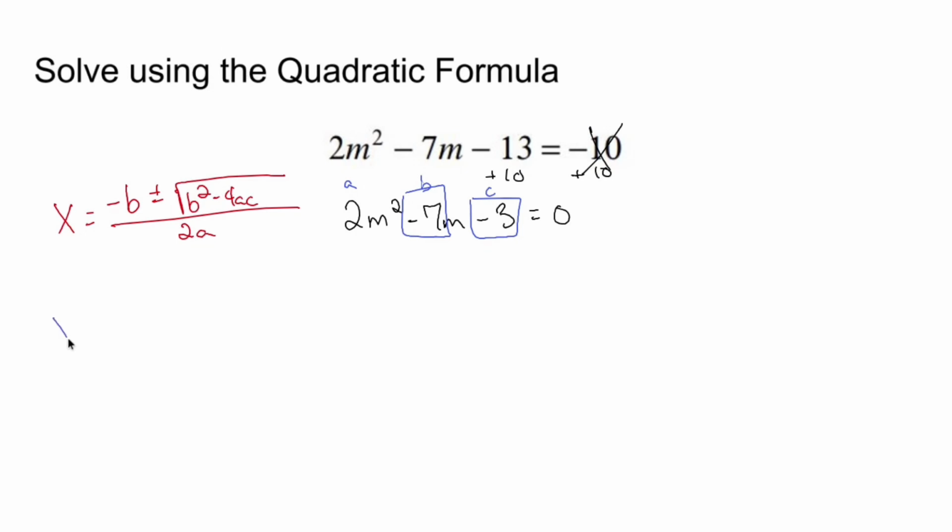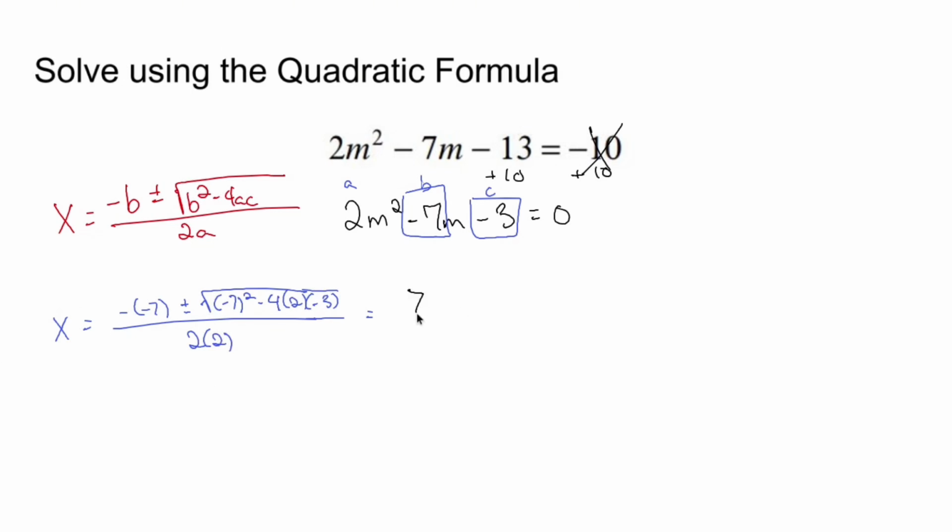So now it's a matter of plugging stuff in. X equals negative b is negative negative 7, plus or minus negative 7 squared, because it's b squared, minus 4 times 2 times negative 3, all over 2 times a, which is 2 times 2. Let's simplify.